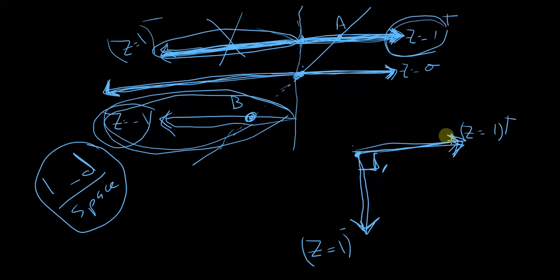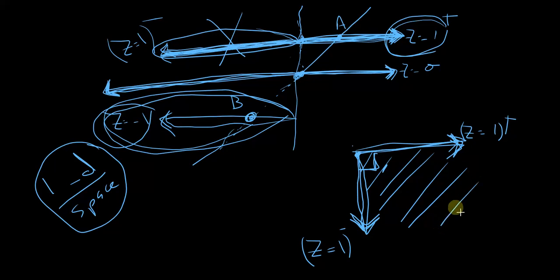So if the positive section is perpendicular to the negative portion, then I have an entirely new space here. I can call it zero zone.